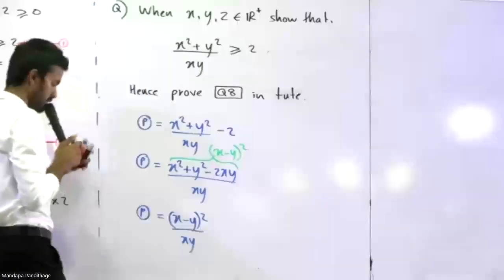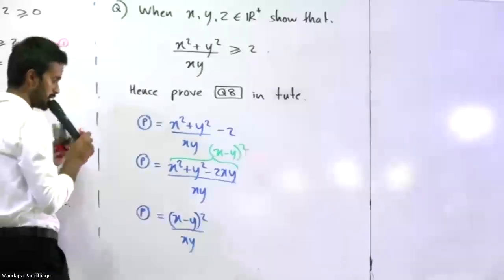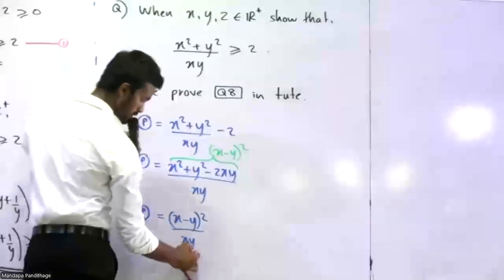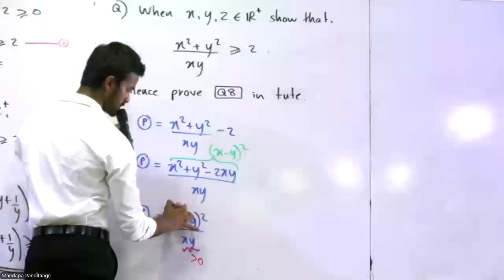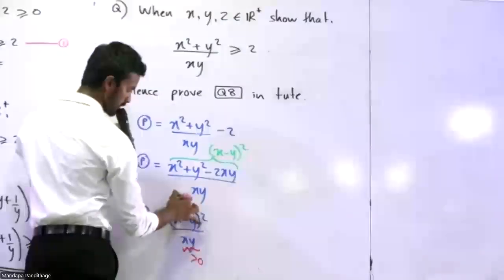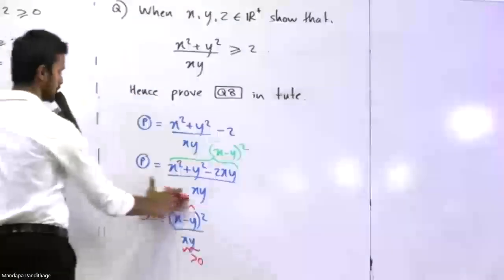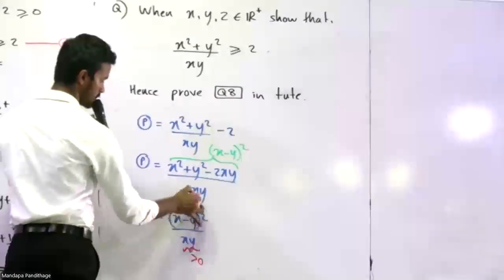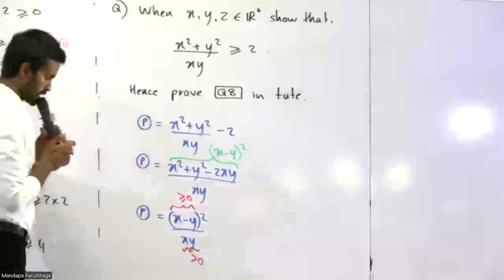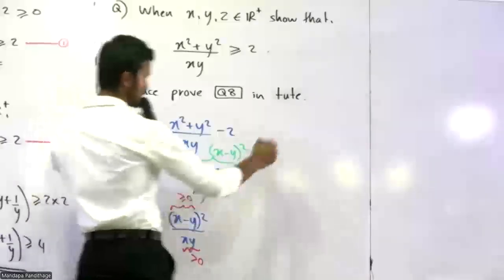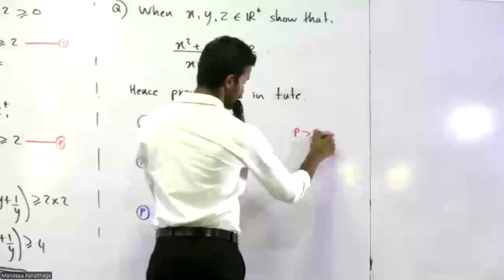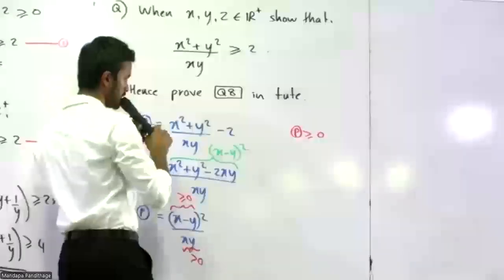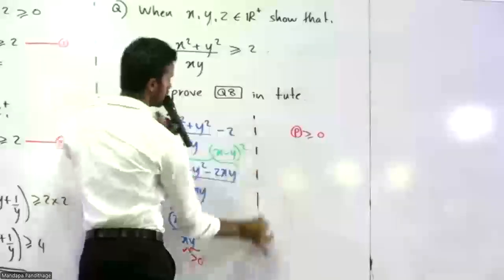So now it is clear, even in the denominator xy, because x and y are positive real numbers, xy is anyway greater than 0. When it is a square, it's always greater than or equal to 0. So that gives me the answer that P is greater than or equal to 0.